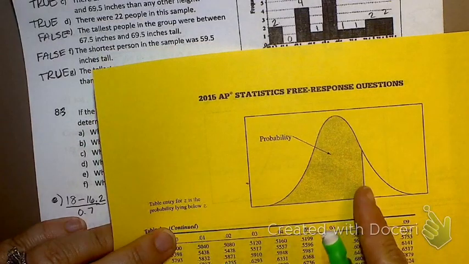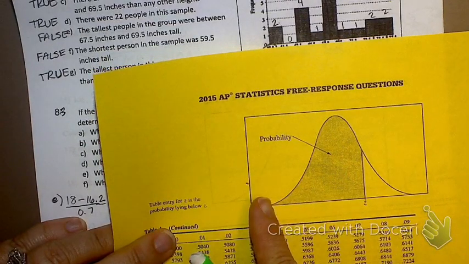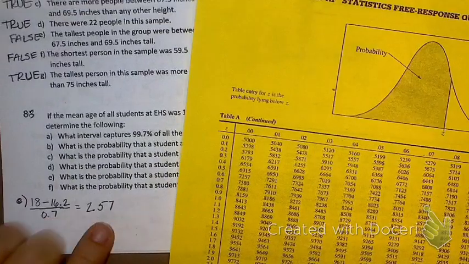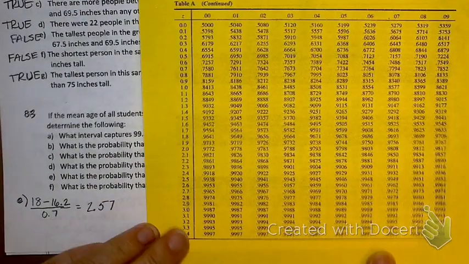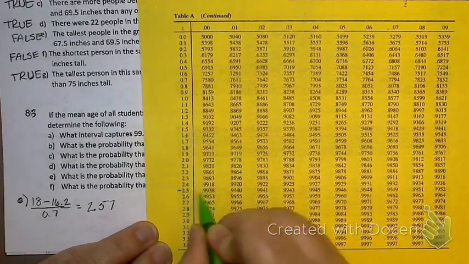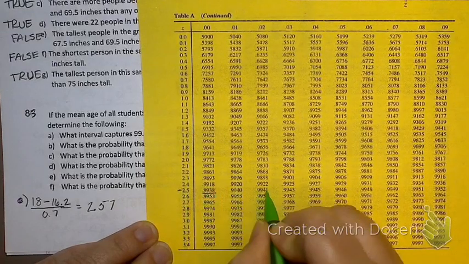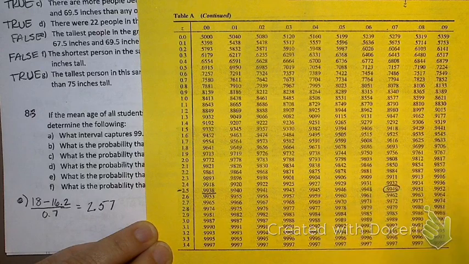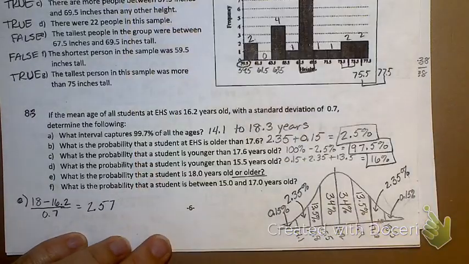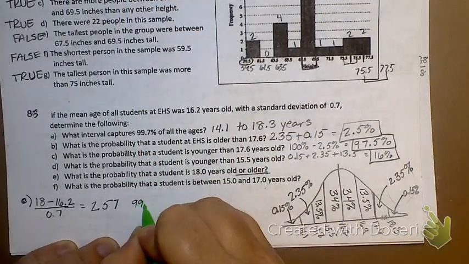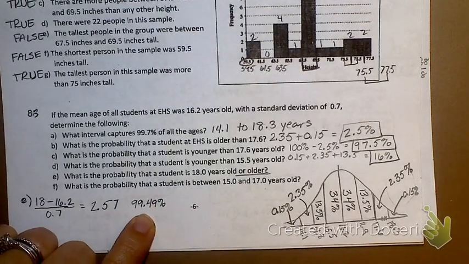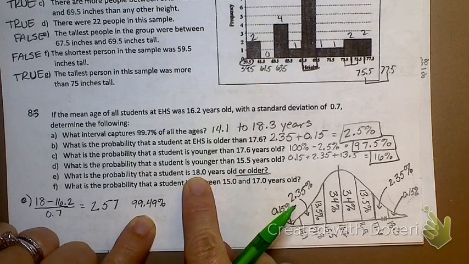It's going to get me the probability younger. So what am I going to have to do? Take 100% and subtract what I find. So when I look for 2.57, here is 2.5, 2.50, 1, 2, 3, 4, 5, 6, 7, 99.49%. So 99.49% of students are younger than 18 years old.